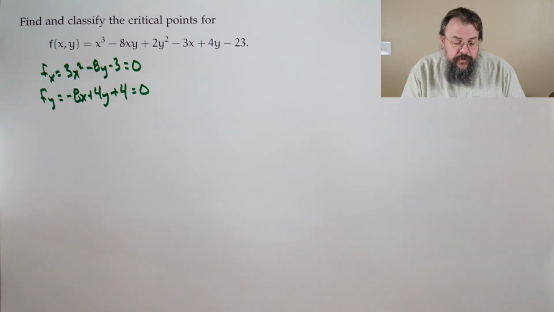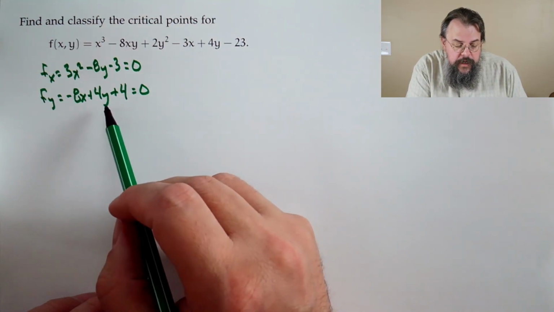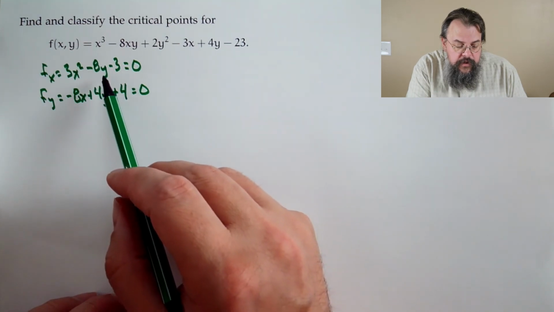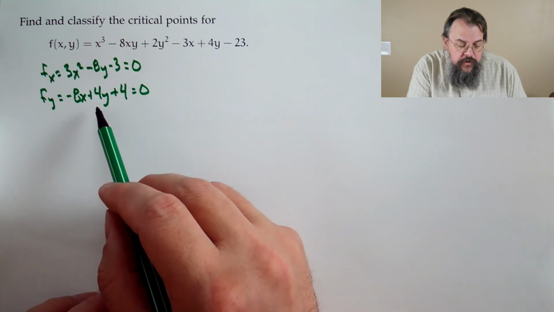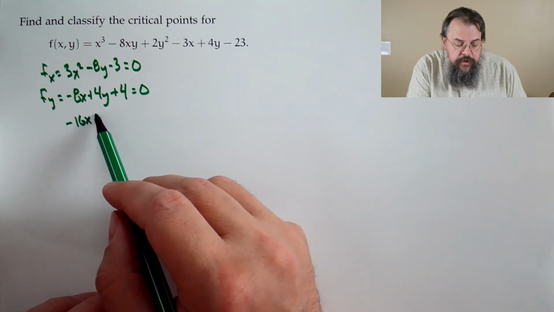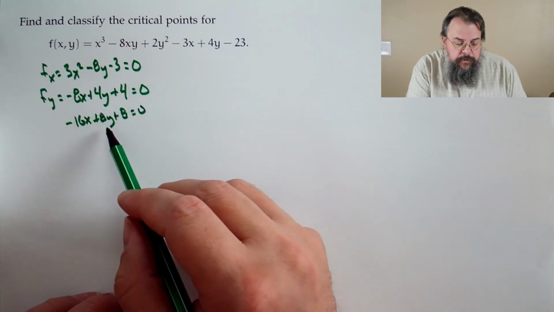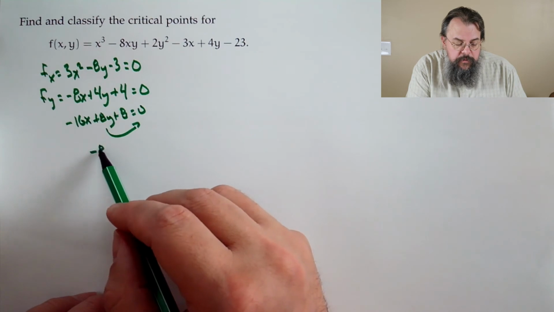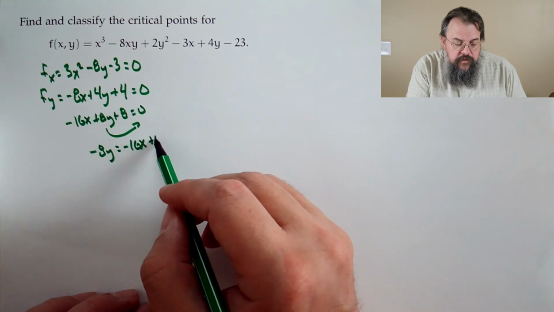We can substitute. Because you see, I can solve for x or for y. It's probably easiest to solve for y. And notice this has an 8y. So if we really wanted to, we could say, look, if we double this, minus 16x, and then plus 8y, plus 8 equals 0. And then if we move this across, we could say, look, minus 8y is really minus 16x plus 8.